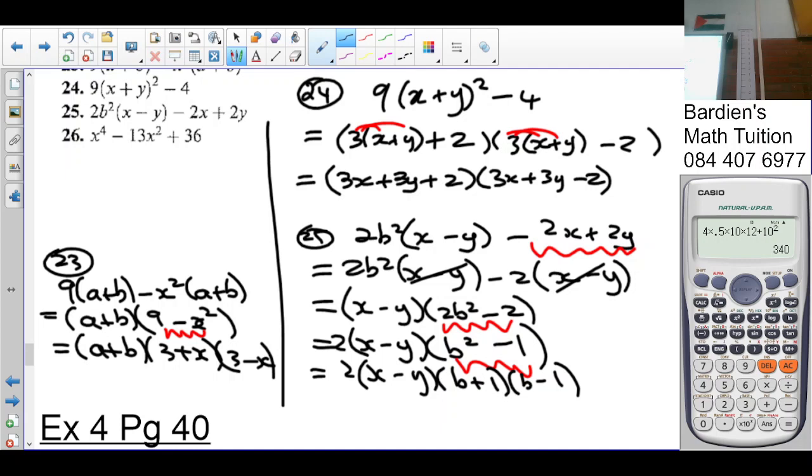How many marks? Let's go. 1, 2, 3, for this factorization, 4, 5.